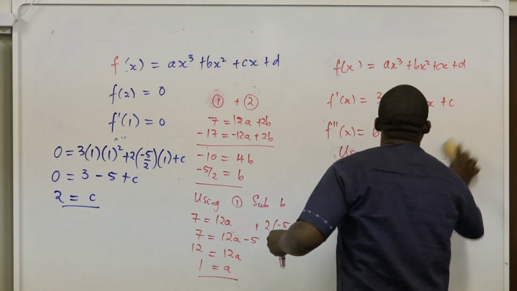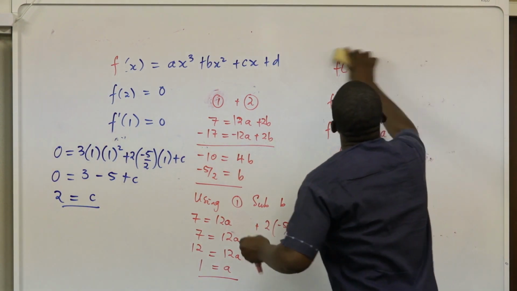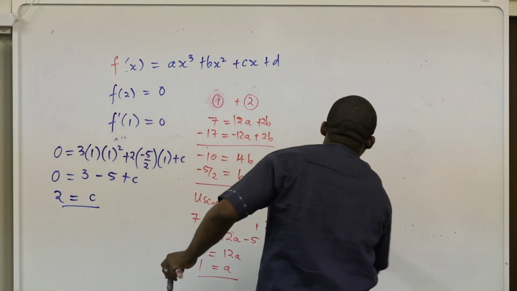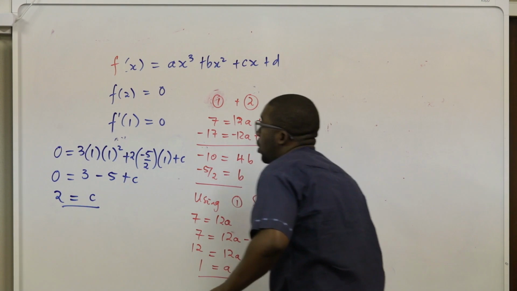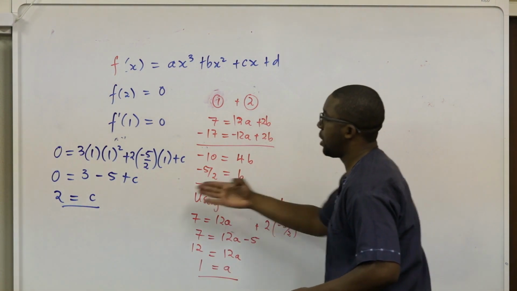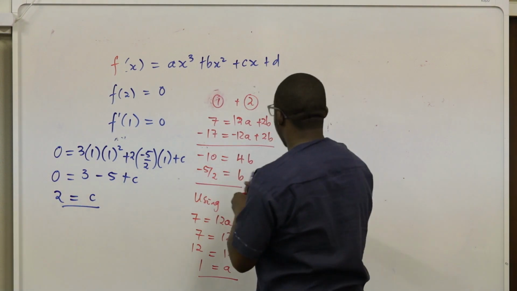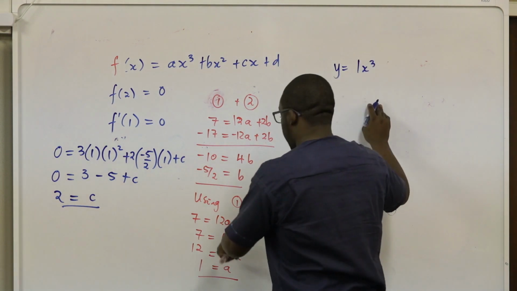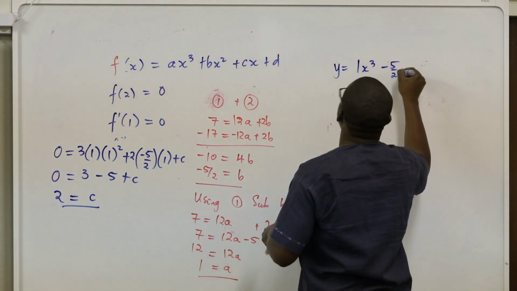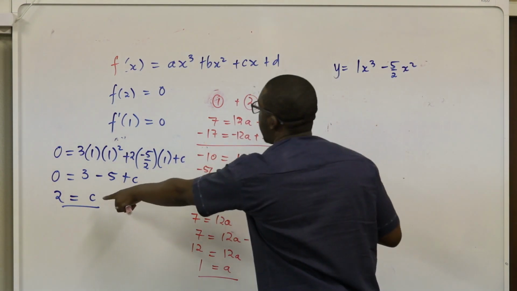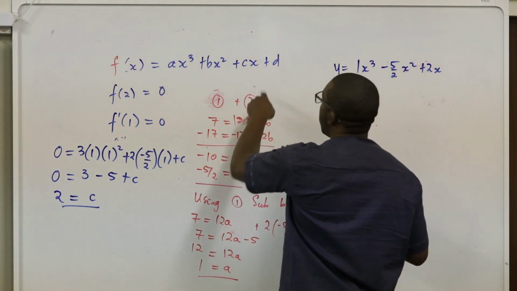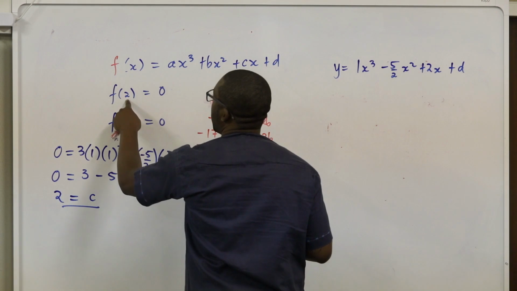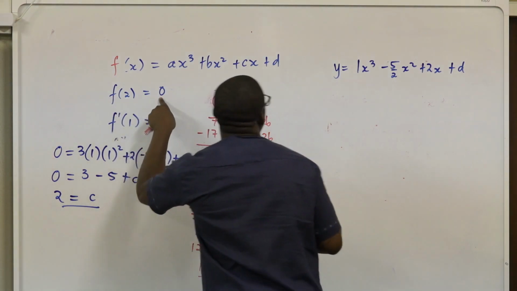The only piece of information missing is d. That is the last piece of information, which I get by substituting into the original function. So y is equal to a, which is 1, x cubed, plus b, which is minus 5 over 2, x squared, plus c, which is 2x, plus an unknown d. I'm going to use this x-intercept. X-intercept simply means x is equal to 2, corresponding y was 0.